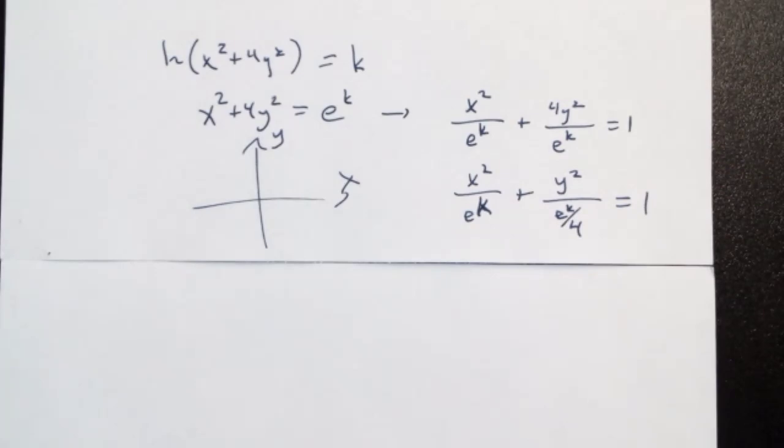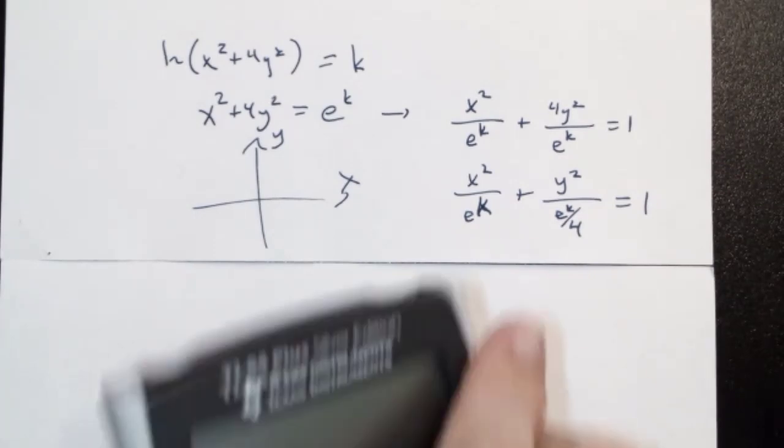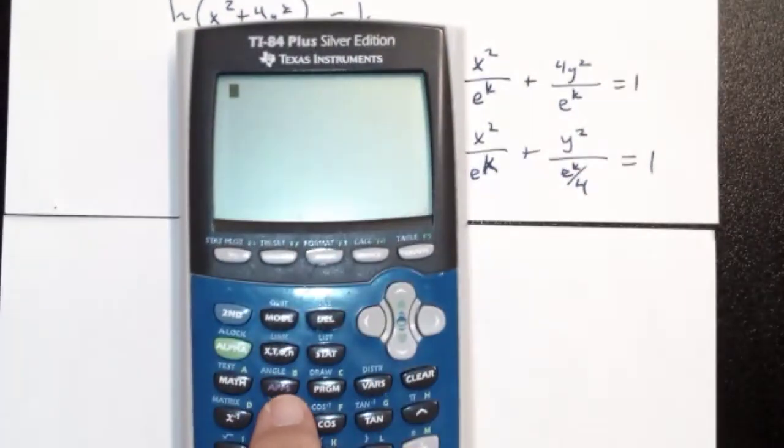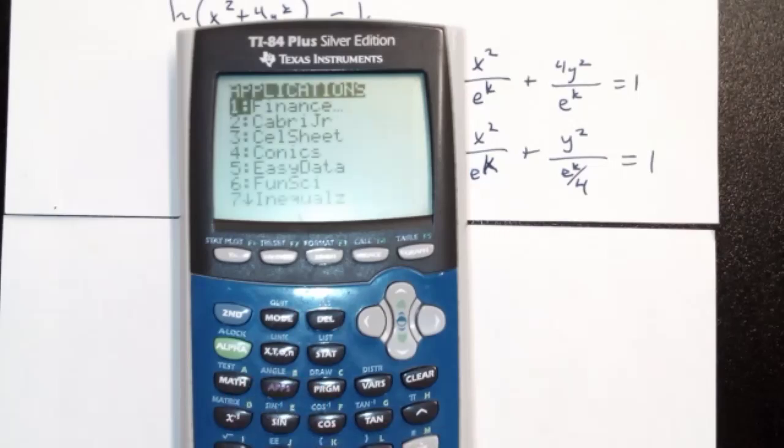It is not always easy to graph ellipses on the calculator, but there is the conic sections subprogram. So if you're on your graphing calculator, under the apps, this is what I love about programmable calculators. Right here, it says apps. So if you hit that button, number 4 says conics.